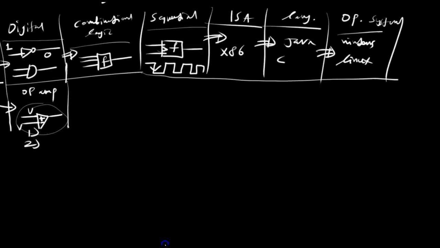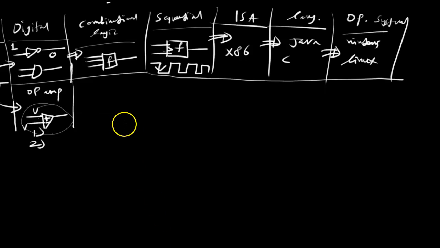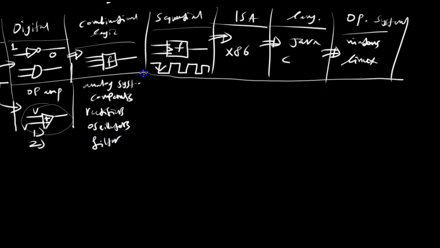After that, we're going to look at other analog system components, such as, for example, rectifiers, oscillators, let's see what else, filters, power supplies, etc. Then after that, we're going to look at useful analog devices, such as devices used in control systems and things of that nature.